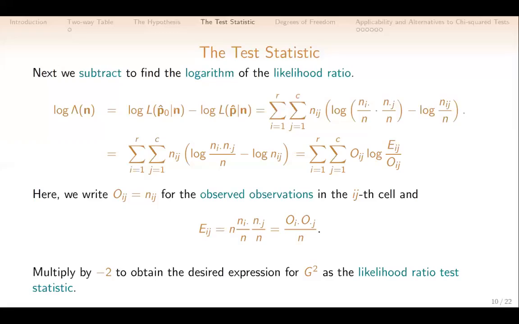I didn't write it down, but the other thing you can do is write it as the sum of O_ij minus E_ij, squared, over E_ij, just like we did for the goodness of fit, by using the second order Taylor series approximation of the logarithm about the number 1. That matches the same kind of second order Taylor approximation that we did in proving the chi-square statistic.